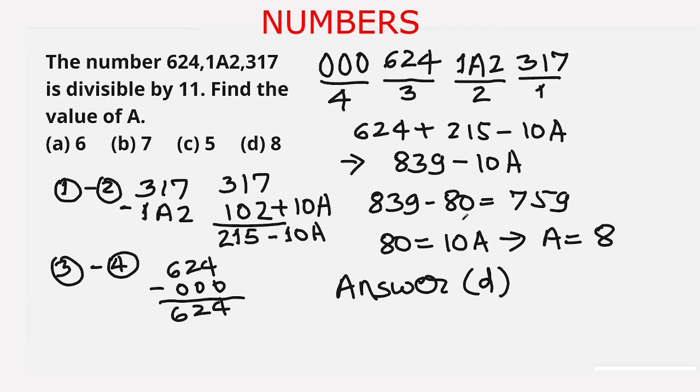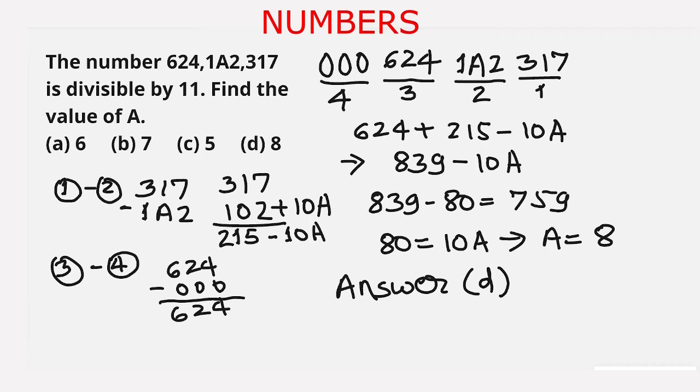And that number was 80. If we subtract 80 from 839, we get 759, and 759 is divisible by 11. So 80 is equal to 10A and A equals 8. This way we can find the value of A in the given number.